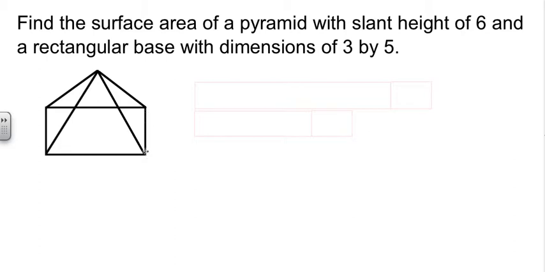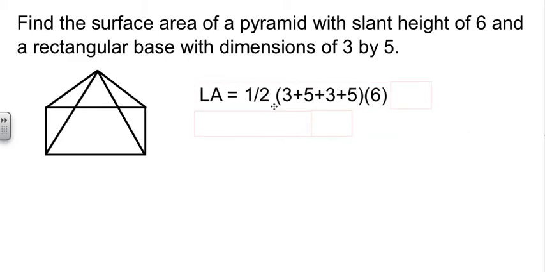So 3 here and 5 across this way. Well, to find the LA, we need half of the perimeter, 3 plus 5 plus 3 plus 5, times a slant height of 6, which is 48.